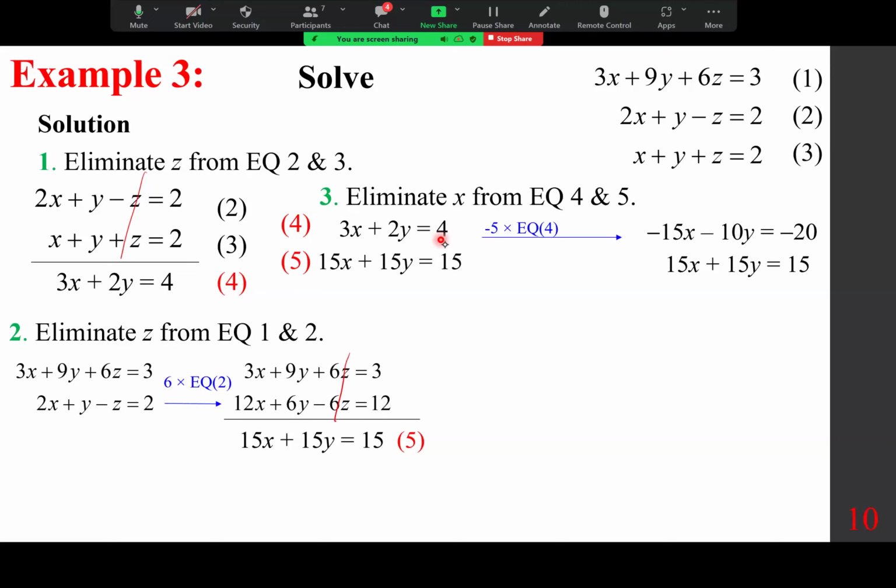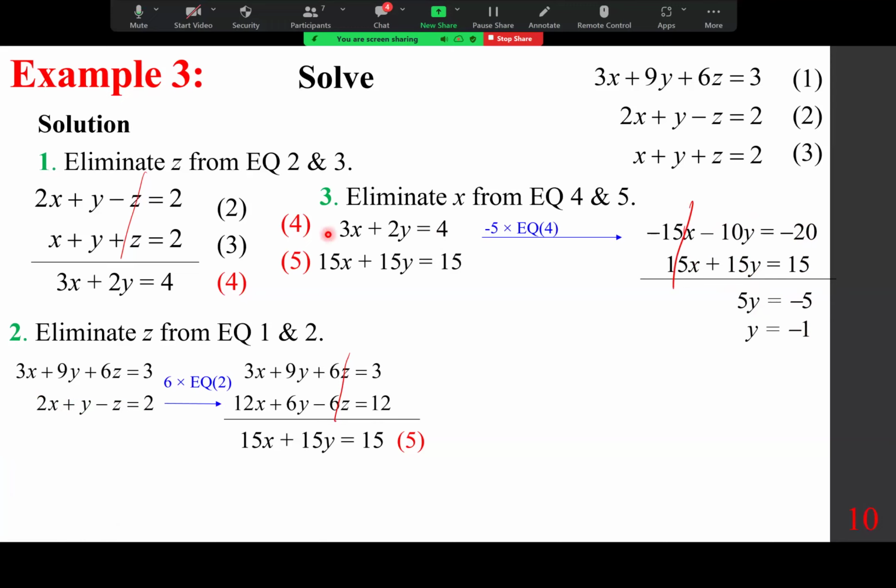Now we are going to combine the left side, combine the right side. As we do so, these two cancel each other. These two add up to 5y. These two add up to -5. Division by 5 gives us -1. So we have y equals -1.